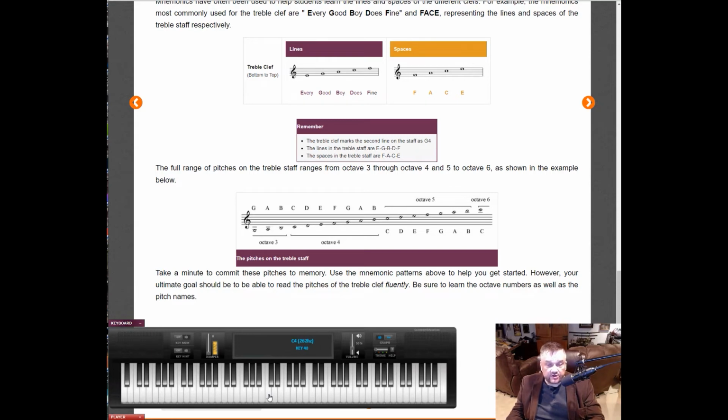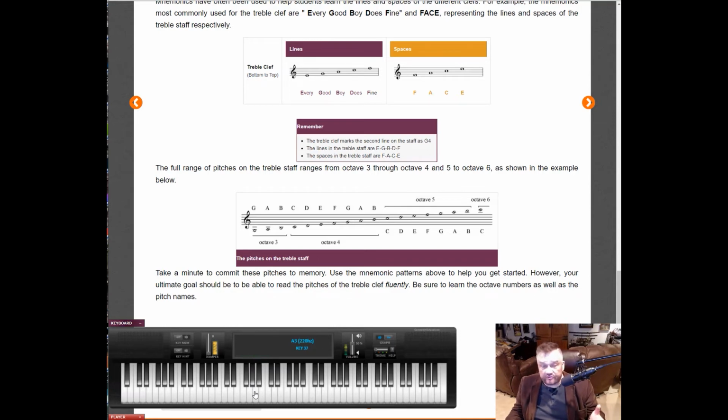So if we come down here to middle C, we go down below middle C, notice how the number has changed from 4 to 3. There is that G, G3. We are in the third octave of the piano, and that is G3.